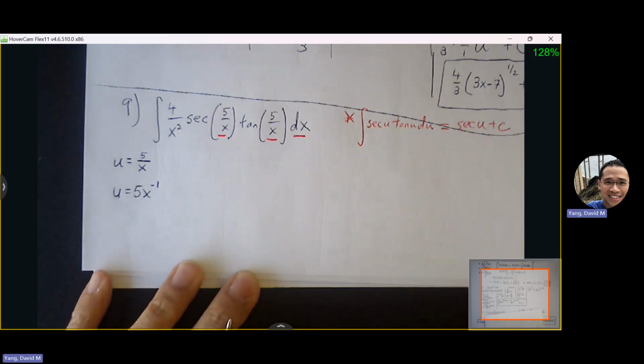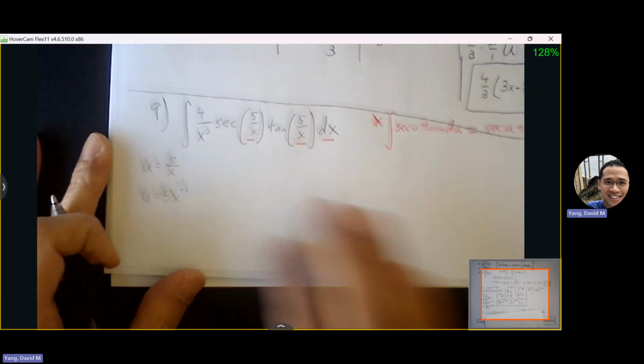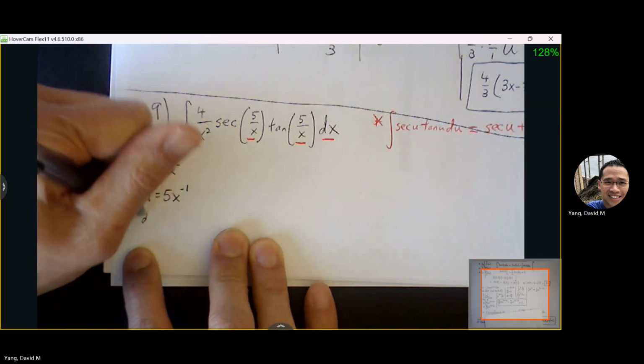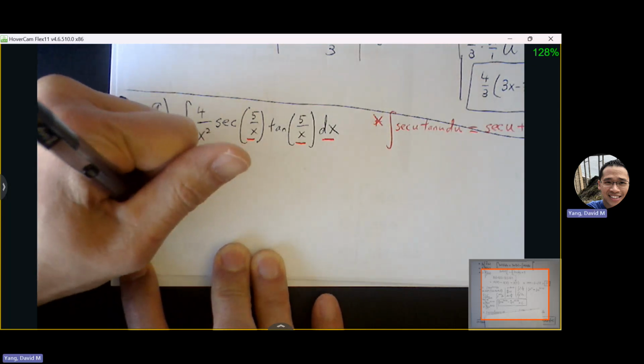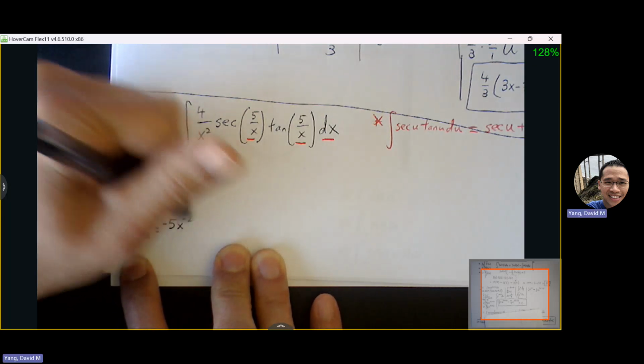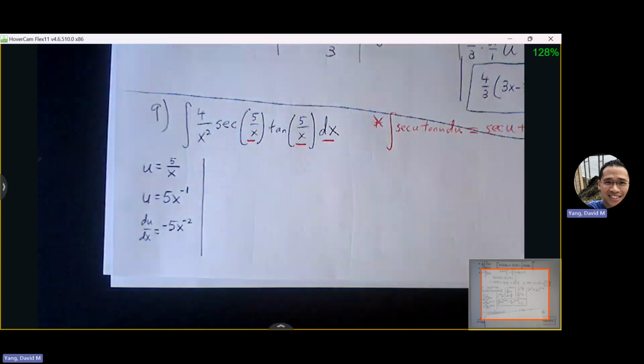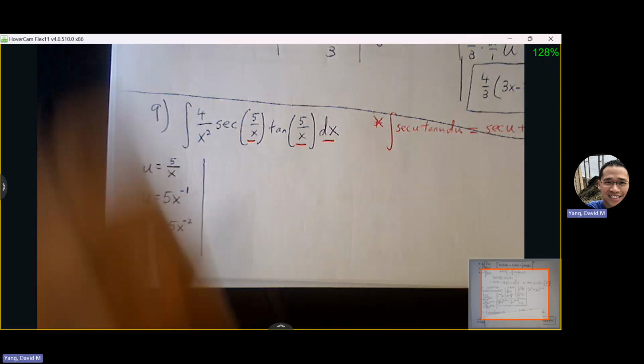Okay, so I'm going to rewrite that u value to be 5x to the negative 1, derivative, negative 5x to the negative 2. Now, I do want to cross multiply and do all that, but I just find it easier if I can resolve that negative exponent first, and then cross multiply and then solve for dx. So let me do this first.